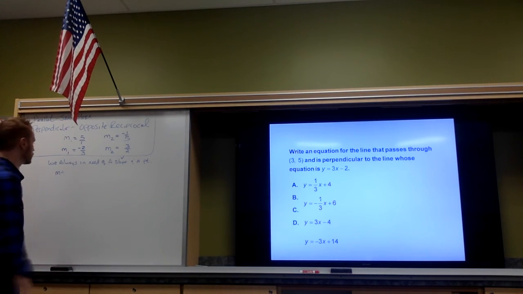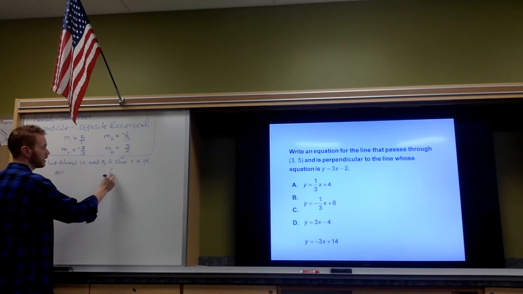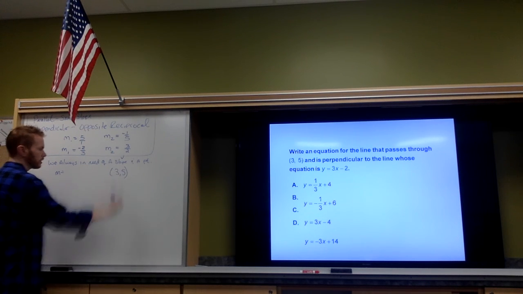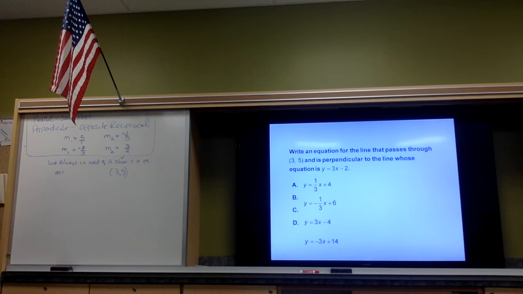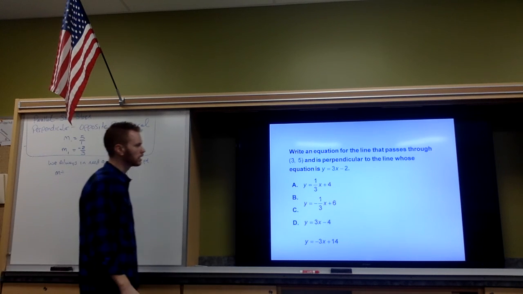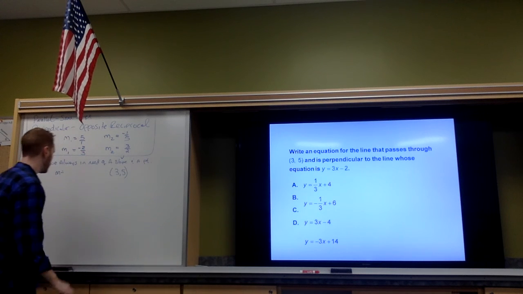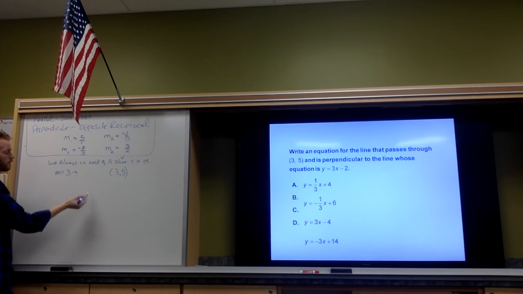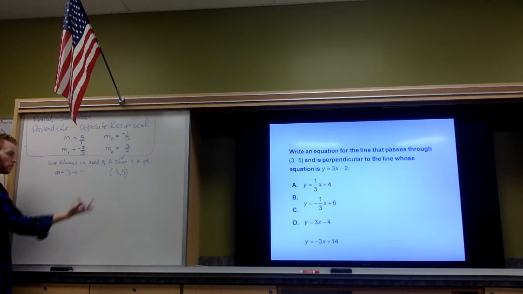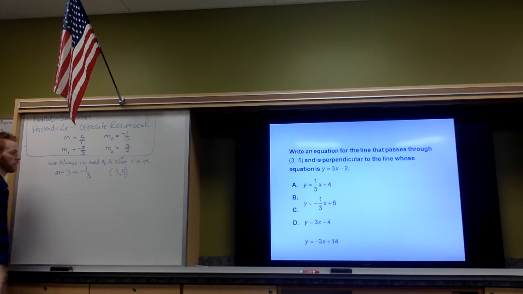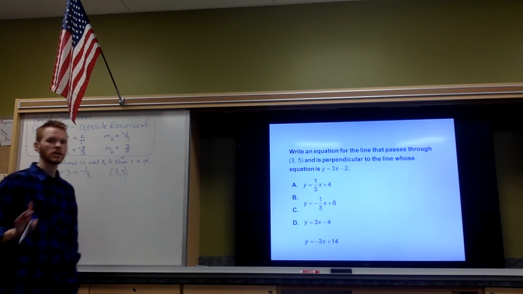Okay. So, I got a point, 3/5. Let's talk about the slope. So this line that I'm trying to create is perpendicular to this guy, and its slope is 3. So I need to find the opposite reciprocal of 3. Opposite would be negative. Reciprocal would be to flip it. So -1/3. Teachers hate when you say the word flip.